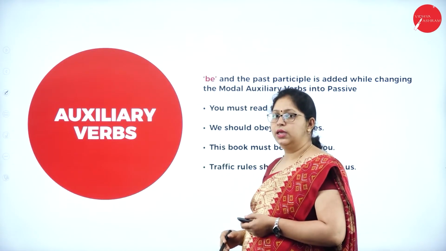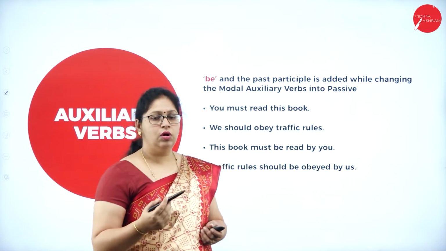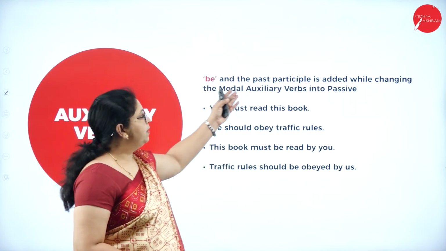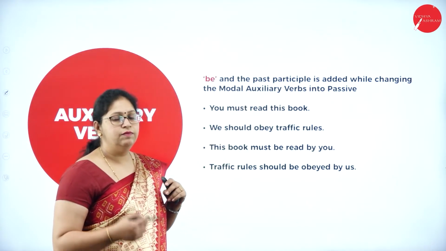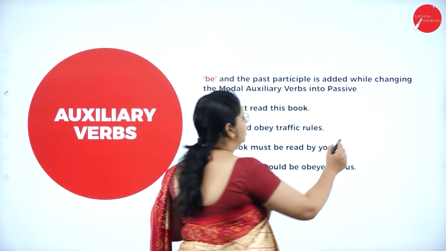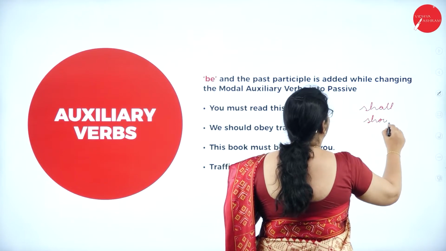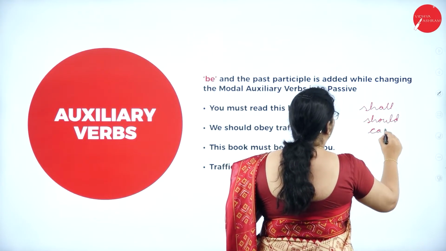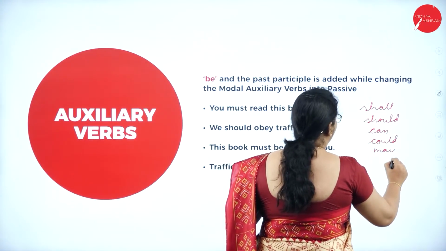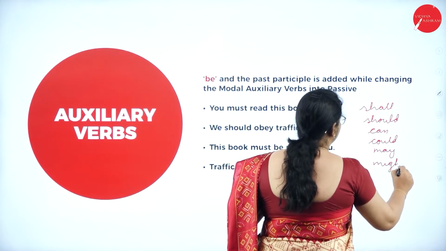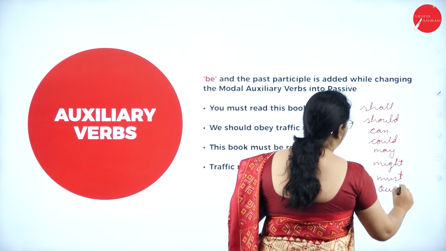Next, with auxiliary verbs. Be form. Be, been, being, correct? All these are called be forms. Be and the past participle are added while changing sentences with modal auxiliary verbs into passive. Which are the modals? Like shall, should, can, could, may, might, must, ought.